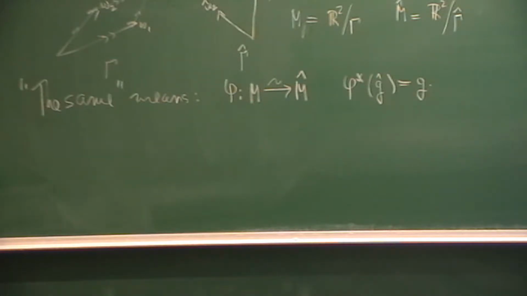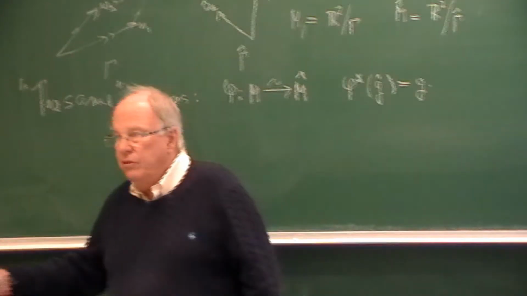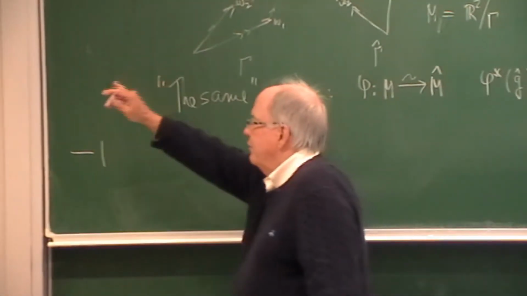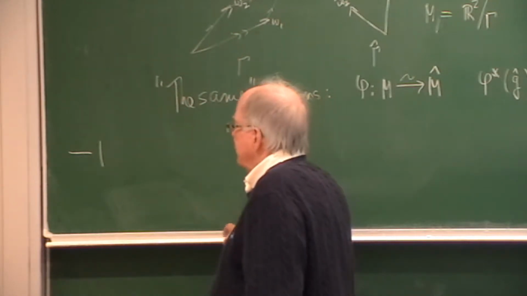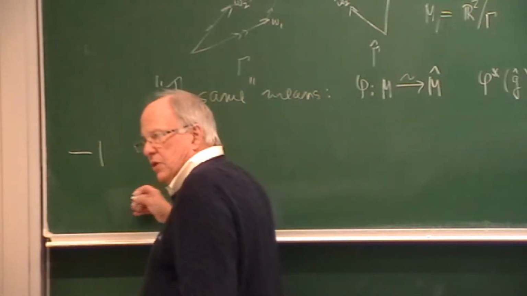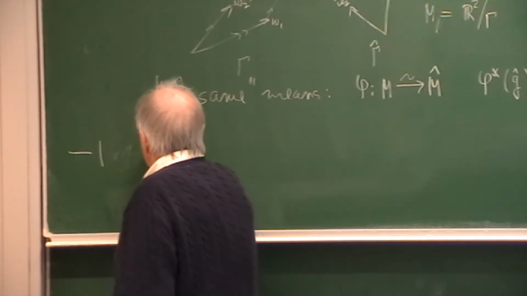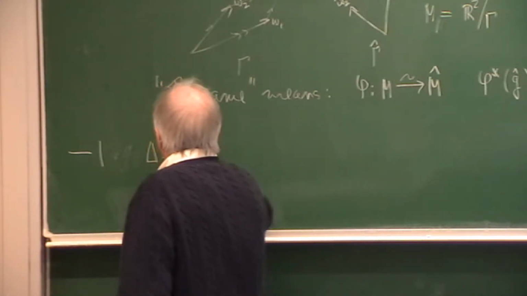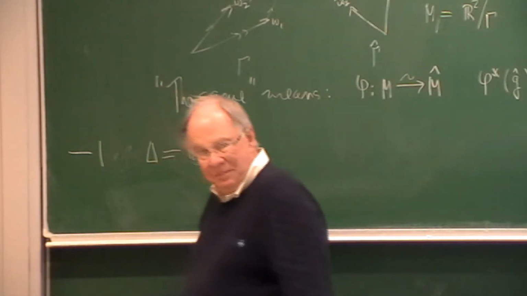And now curvature -1. From my point of view, this is not so difficult. Tori are interesting and so on. And the sphere is interesting and so on. But -1 is really interesting. Negative curvature. This is called delta, which you maybe want to write as H, the upper half plane.